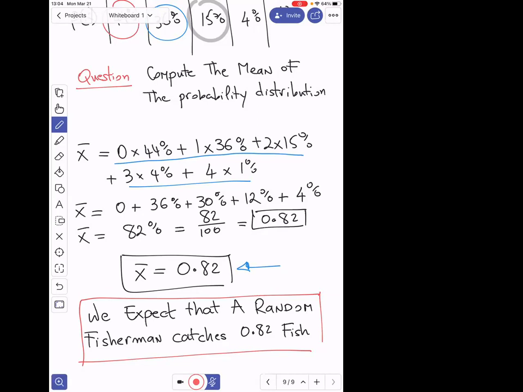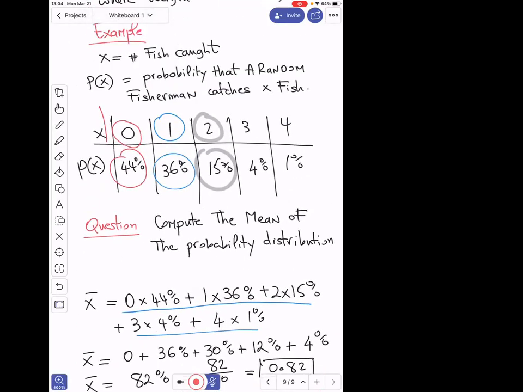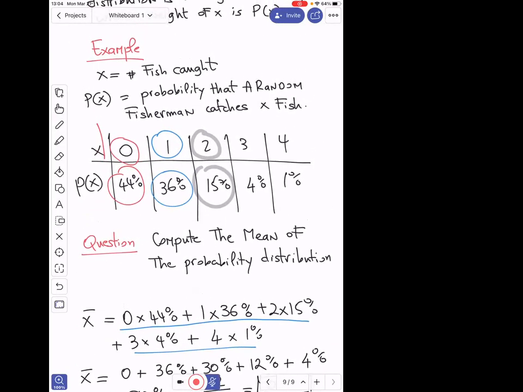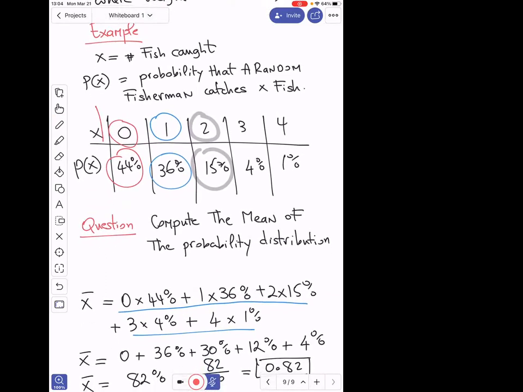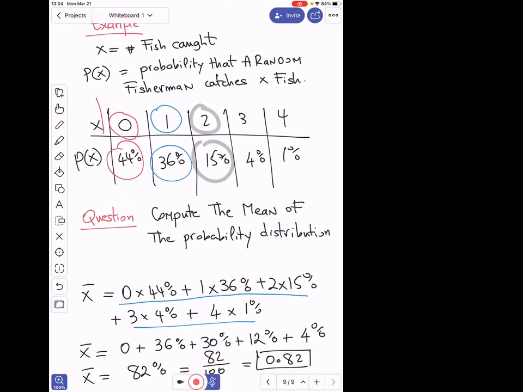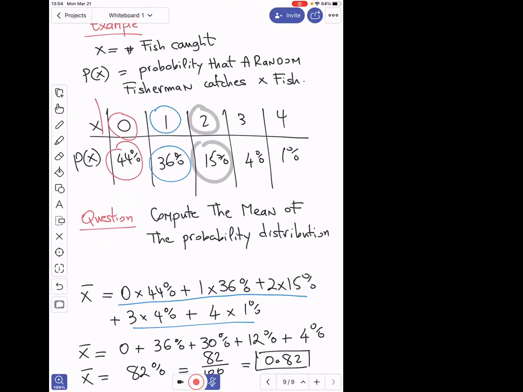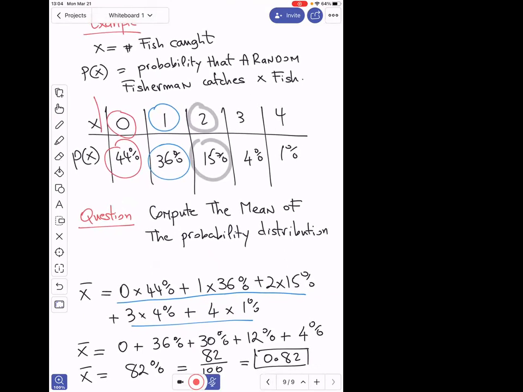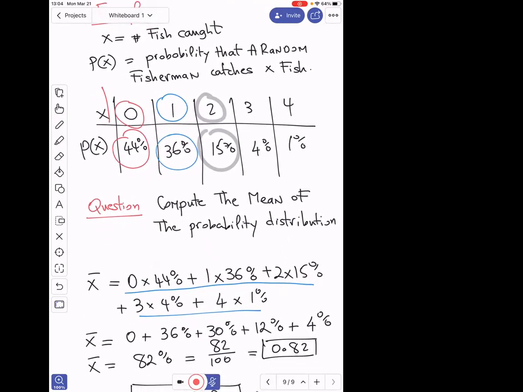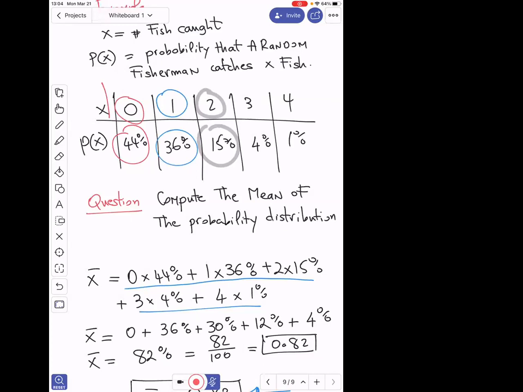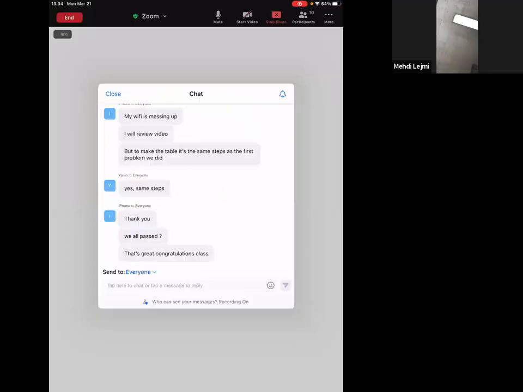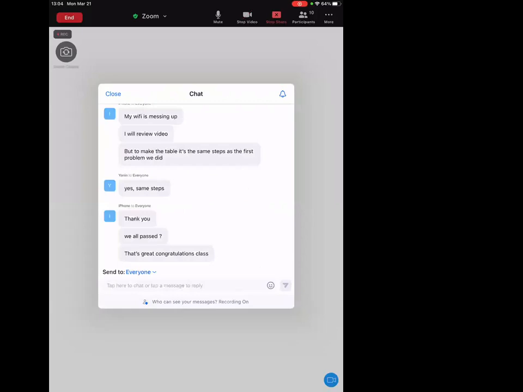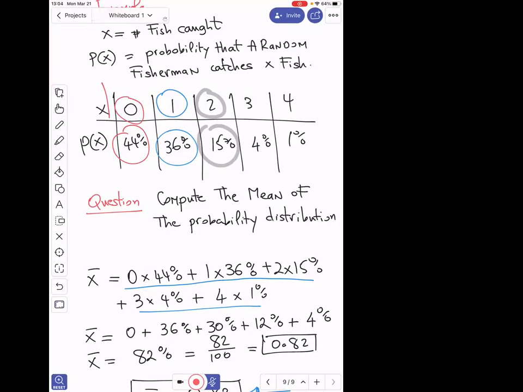Once you assign for each X the probability of X, to compute the mean of the probability distribution, you just multiply each X by the corresponding P of X. All right, so that's for the mean.